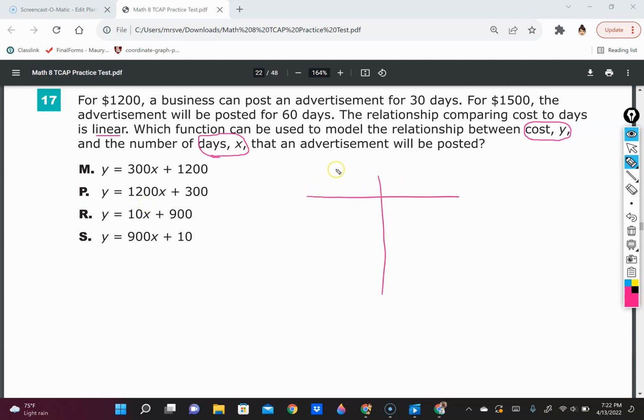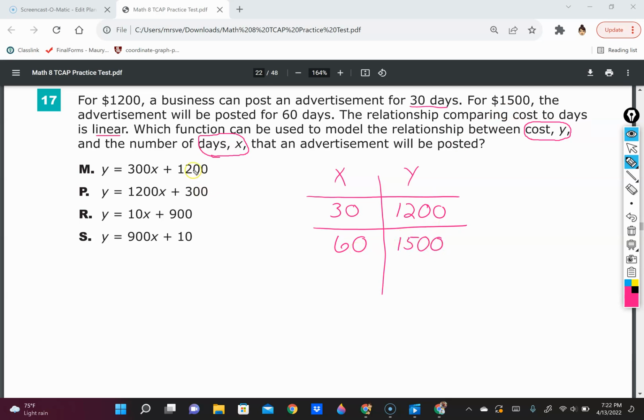Think about making a table of your x values and your y values. It says that your x values are days, so we start out with 30 days. Your y value is your cost, so for 30 days, we have a cost of $1,200. 60 days, we have a cost of $1,500.